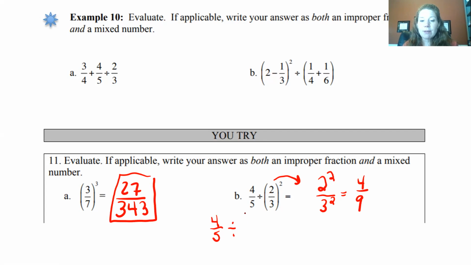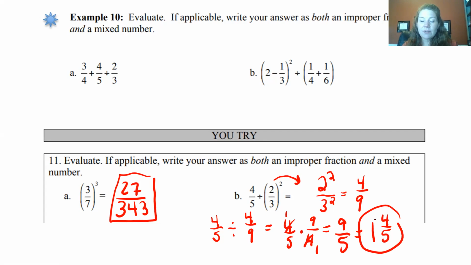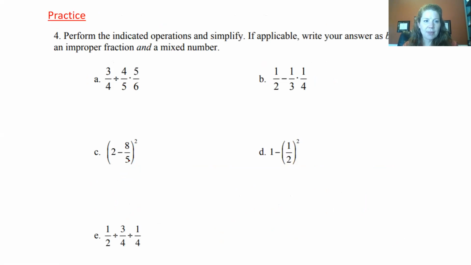So 4/5 divided by 4/9. So now we're going to keep it, change it, flip it. And now our 4s are going to cancel. So we get 9/5. 5 will go into 9 one time with 4 left over. So hopefully you got those 2 correct.